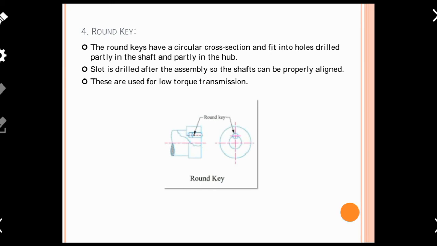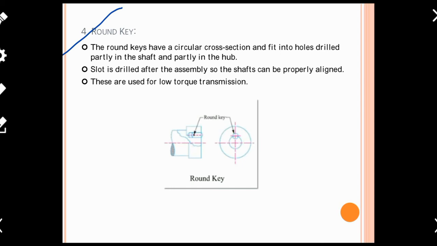Then the fourth type of key is the round key. Its name gives its circular section that the round key has, as shown in the figure. The top half portion of this round key is mounted inside the same female type of circular slot made inside the hub of the rotating member, whereas the remaining portion of the key is inserted in the same slot provided on the top surface of the shaft.